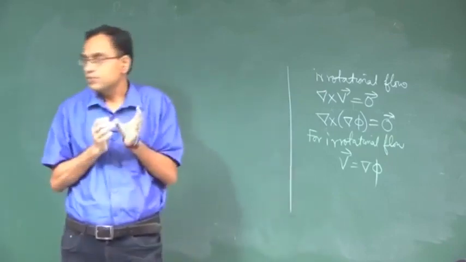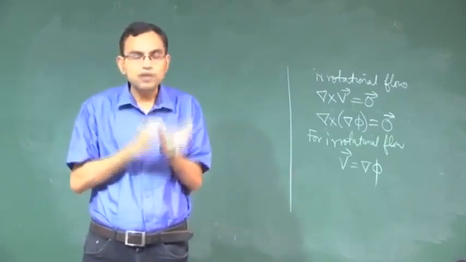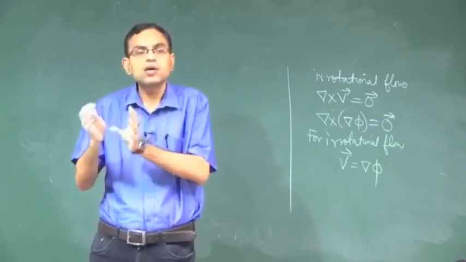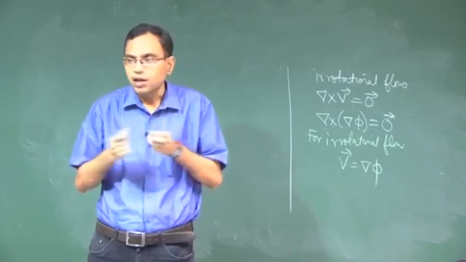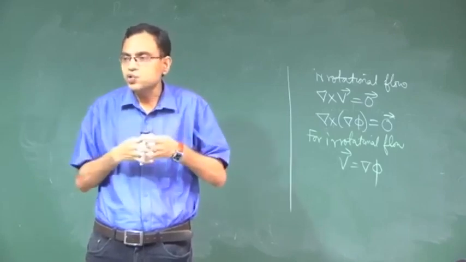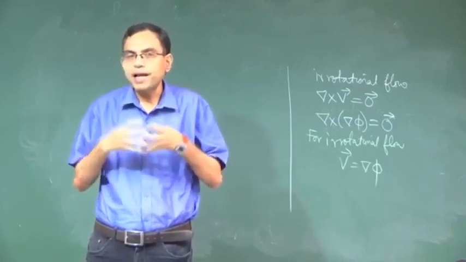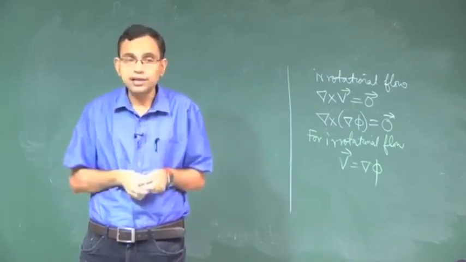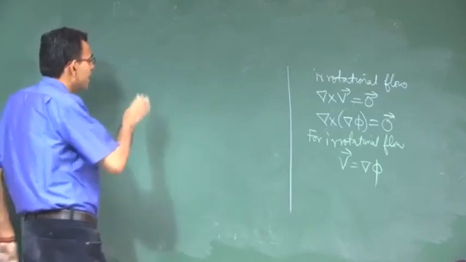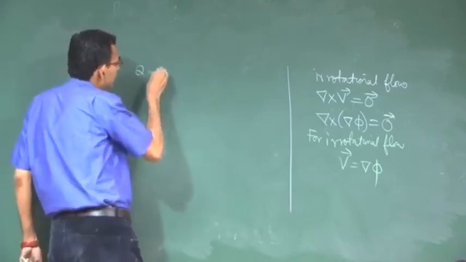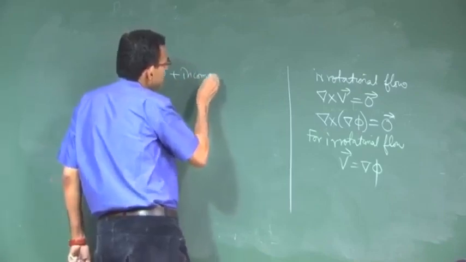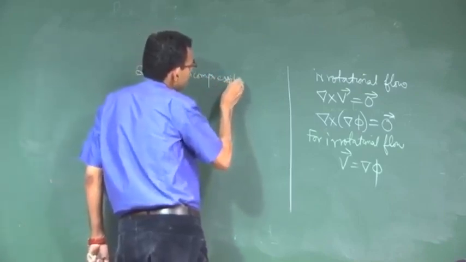So now we have two interesting definitions, one is inviscid flow, one is incompressible flow, another is irrotational flow. Now based on these two, we have defined two parameters phi and psi. How are they related? So let us define a special case, 2-dimensional plus incompressible plus irrotational flow.